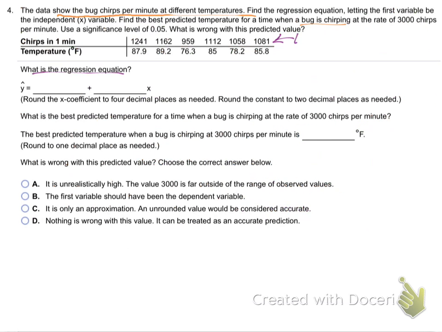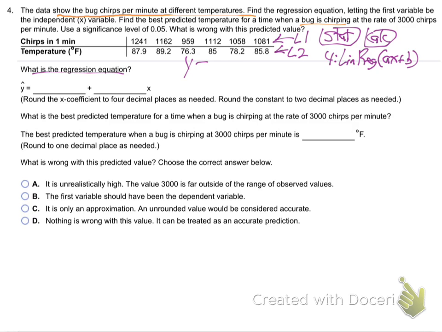Put the data in L1, L2, hit stat, calc, and choose 4, which is linear regression ax plus b. Choose that, hit the buttons, and remember it's giving you y equals ax plus b.